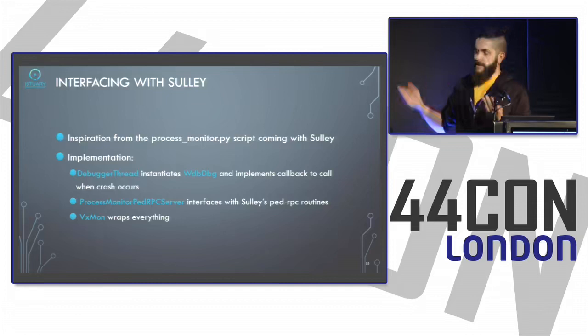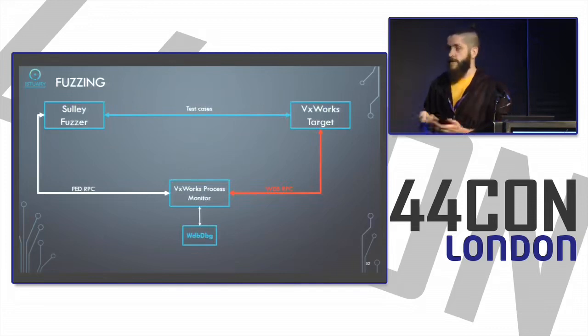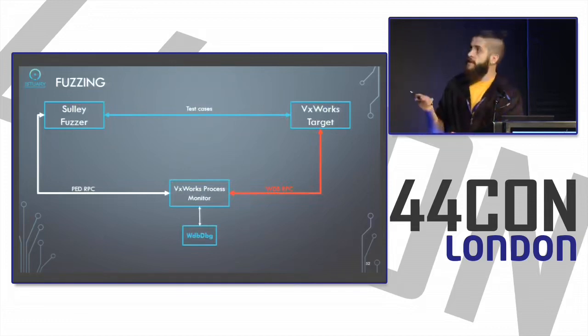So how does everything interconnect now? Here is the Sulley fuzzer, my fuzzer script for any network protocol. The VxWorks target is here, and the VxWorks process monitor, the one I told you about before, uses the WDB DBG framework to debug the process on the target. Between the VxWorks process monitor and the target, we use the WDB RPC protocol.